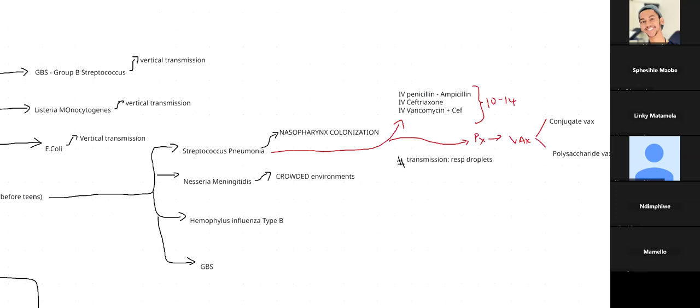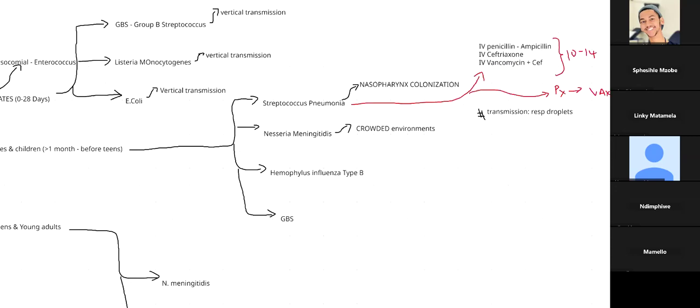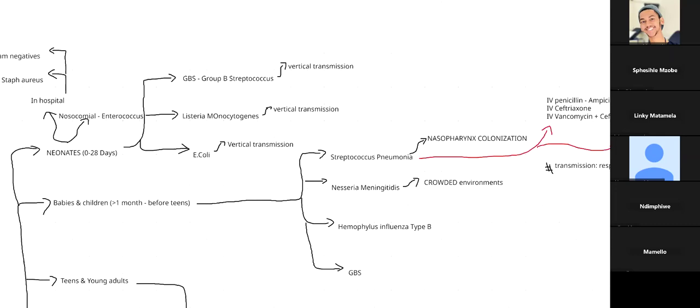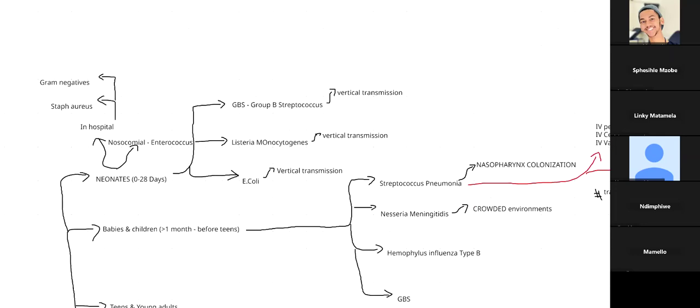Moving on to Listeria monocytogenes. Treatment for that is MP plus or minus Genta, gentamicin, and that is for 21 days.